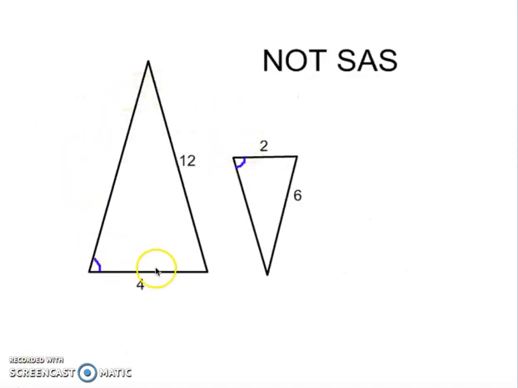In this example, we can see that based on what we have here, you may be tempted to say these two triangles would be similar based on the side-angle-side theorem.